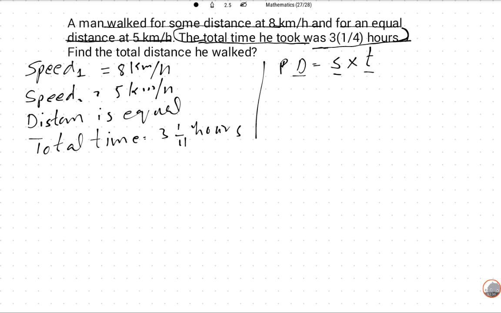So the total time means some time is taken at 8 km per hour to cover the distance, and at 5 km per hour the second time is taken for that distance.